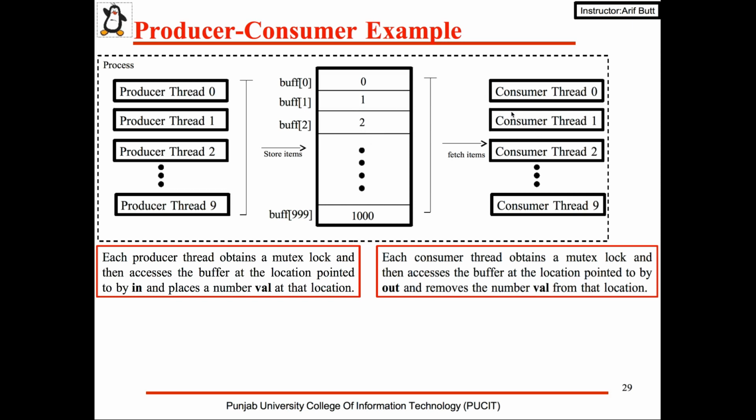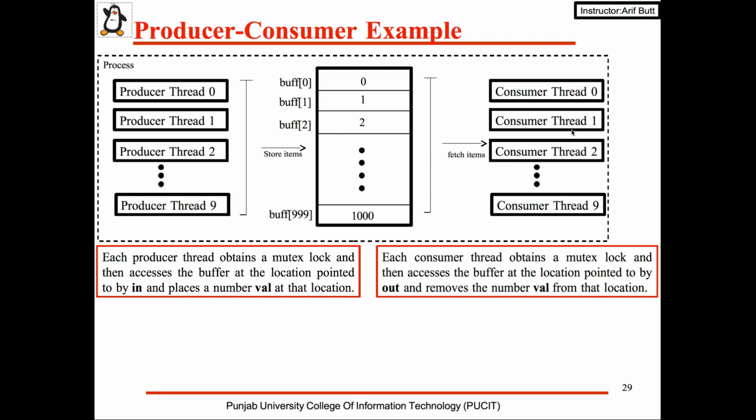Over here, the consumer thread also obtains a mutex lock and then accesses the buffer at the location pointed to by, suppose, out, and removes that value from that location. And of course, then releases that mutex lock. So that is simple. Accessing this buffer mutually exclusively by these threads is simple.